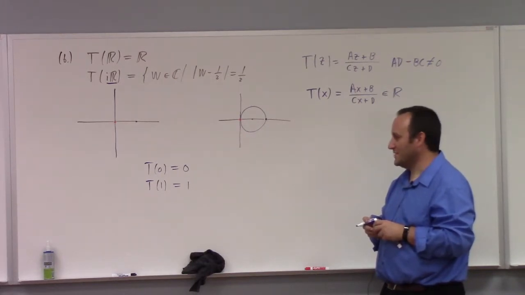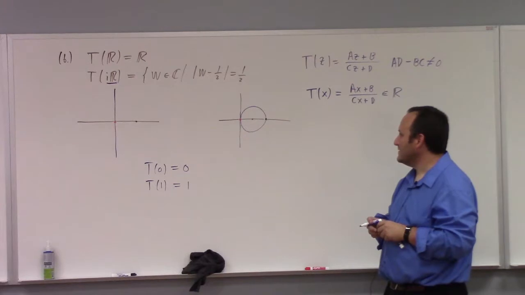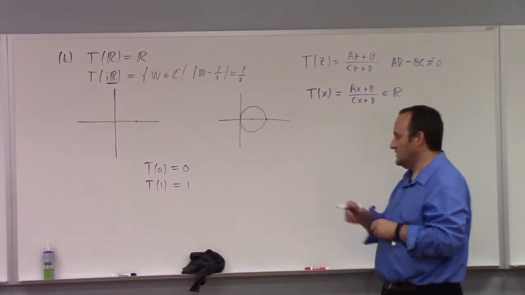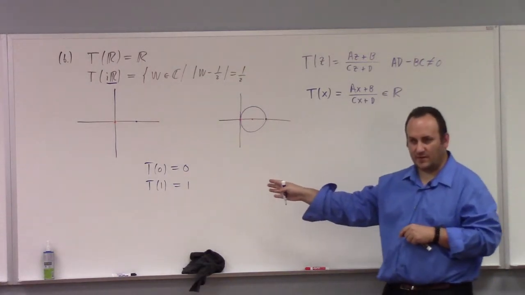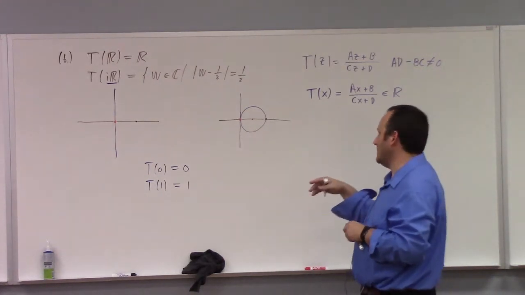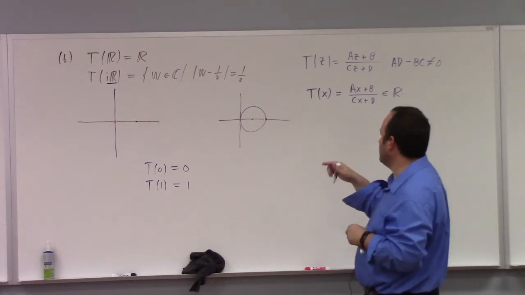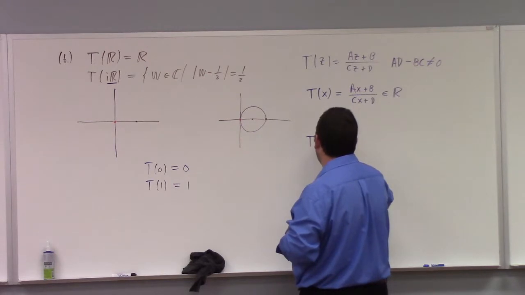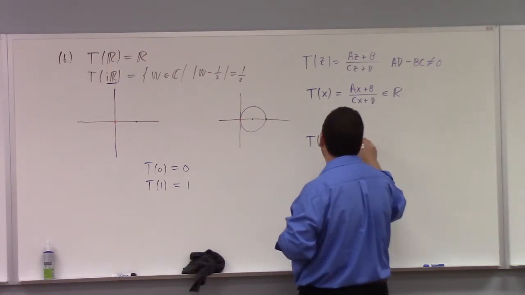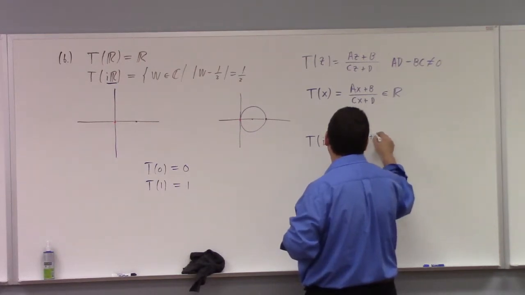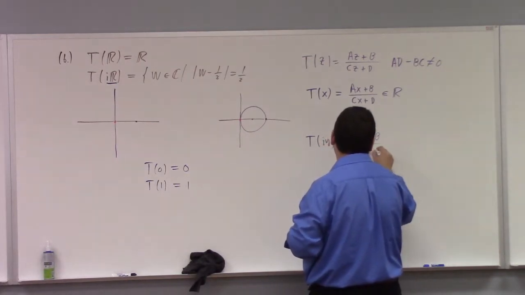I shouldn't have erased what you told me. Sorry. So if it was 1 instead, then my A would be 0. Let me do this, see where it takes me, and see if that pins it down. Because the other thing I know is that T of iy is equal to aiy plus b over ciy plus d.